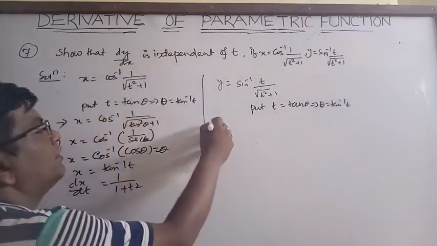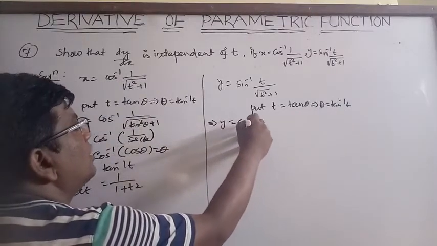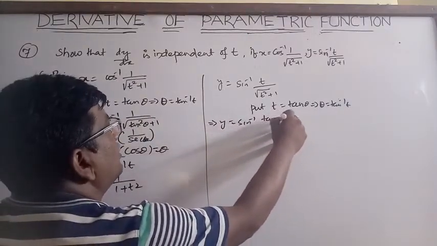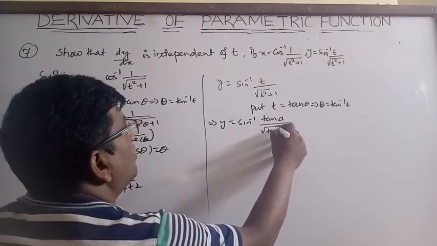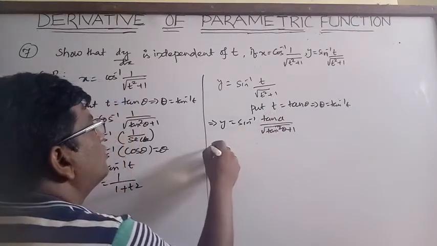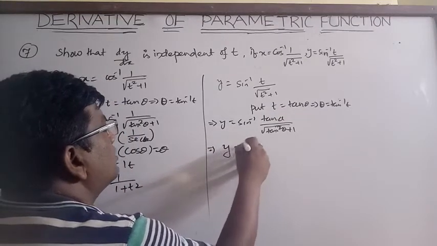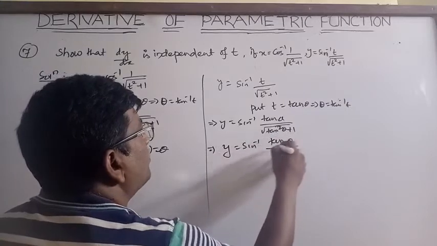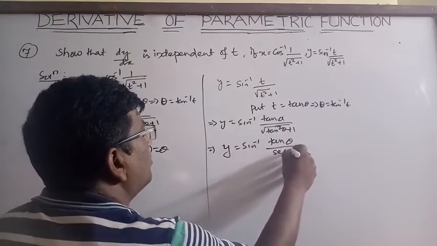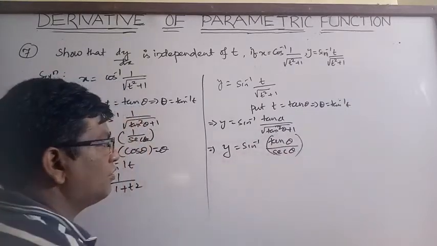So y is equal to sin inverse of tan theta divided by root over tan square theta plus 1. So y is equal to sin inverse of tan theta divided by root over 1 plus tan square theta, which is sec theta.